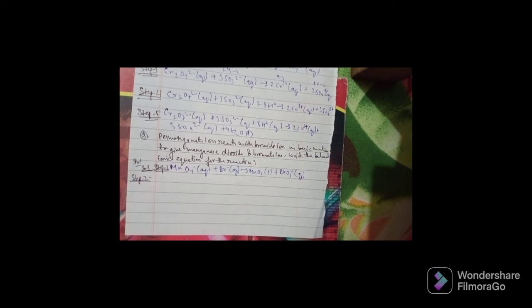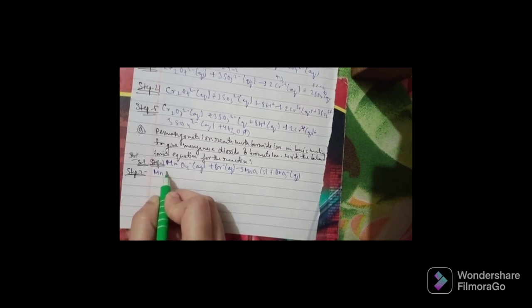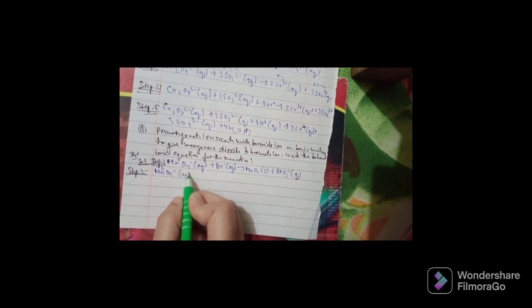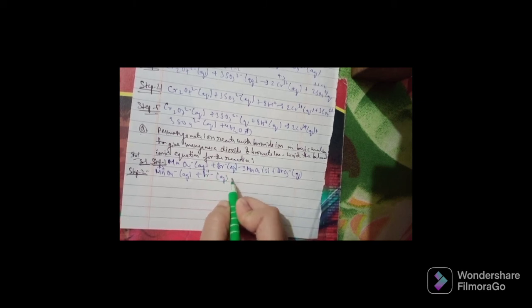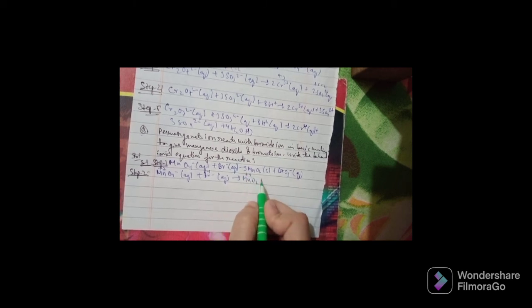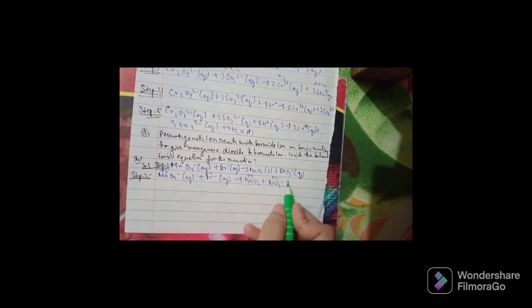Step 2, assign oxidation numbers for Mn and Br. Mn in MnO4 minus is plus 7, Br minus is minus 1, Mn in MnO2 is plus 4, and Br in BrO3 minus is plus 5.